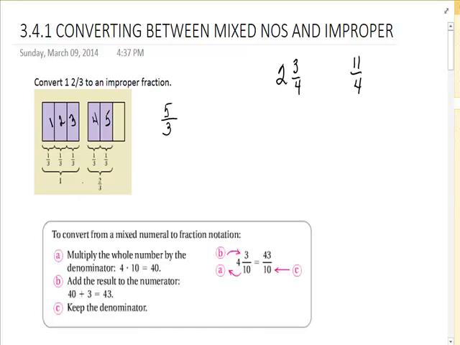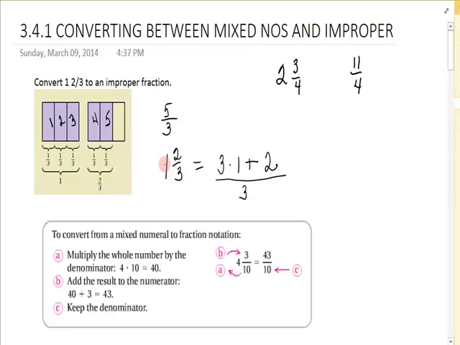Now, if you wanted to do it with arithmetic, because I certainly don't want to always draw this picture, this is described down here. If you have 1 2/3, what you do is multiply the denominator times the whole number, 3 times 1, and then add the numerator, and all of that will be over the original denominator.